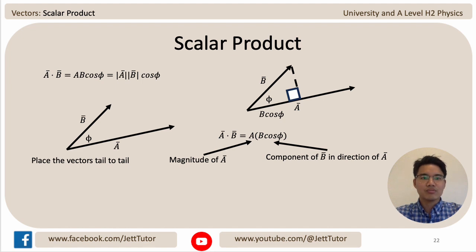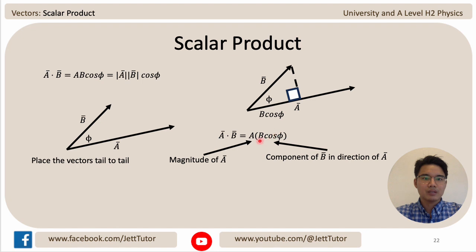The geometric representation of the scalar product is, imagine you have a vector A, and then you have a vector B. The vector A dot vector B is the magnitude of vector A multiplied by the component of vector B in the vector A direction.